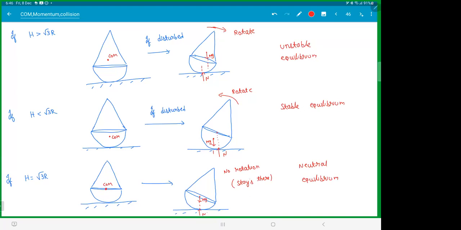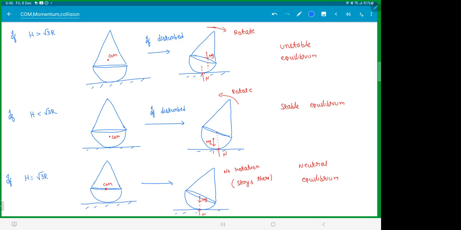Do you remember the 3 cases of equilibrium we did in work power energy? So we can bring the cases like this also in center of mass. This would be a good question in case of matrix matching or more than one choice questions. They'll ask you that only. What's the condition for it to be in a stable equilibrium?